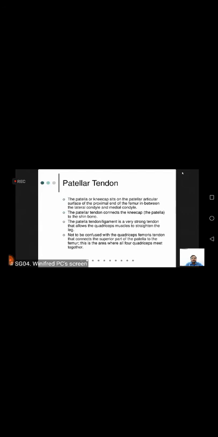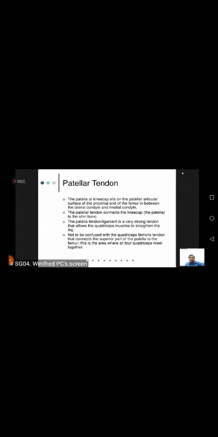So all these muscles coming from above are inserted at the common tendon, that is the patellar tendon. And this patellar tendon is inserted into the tibial tuberosity.